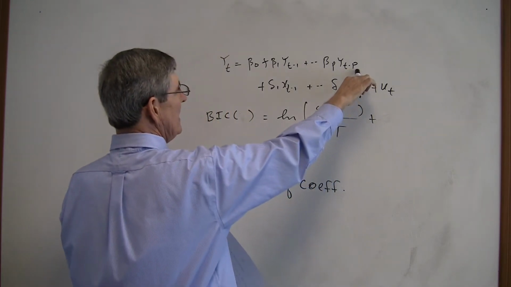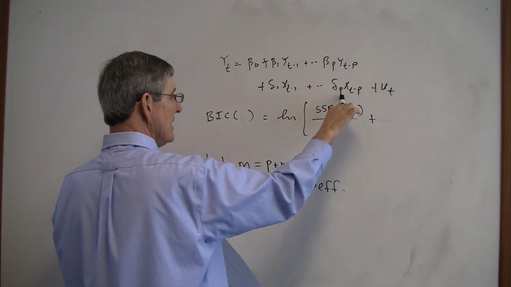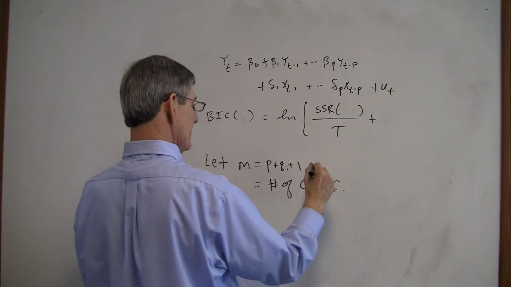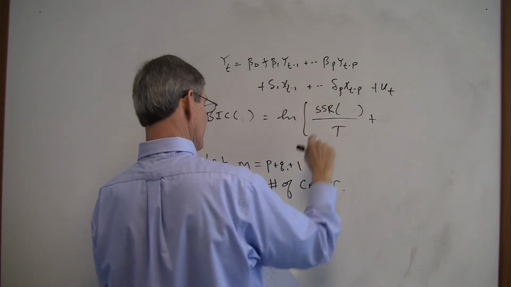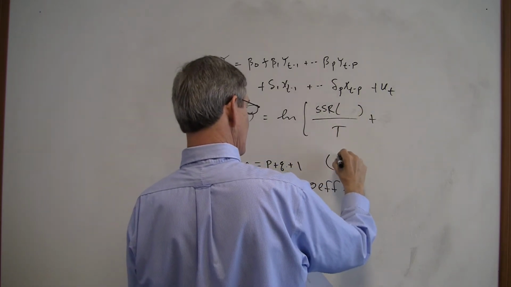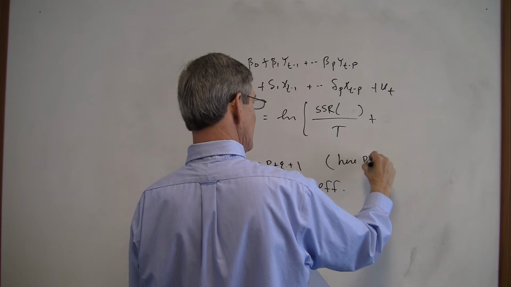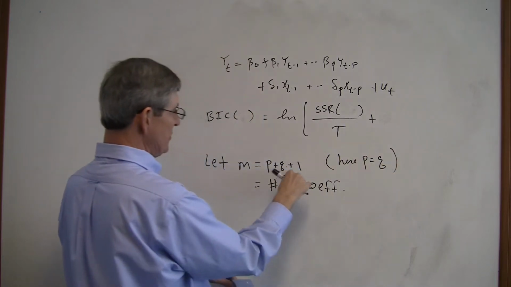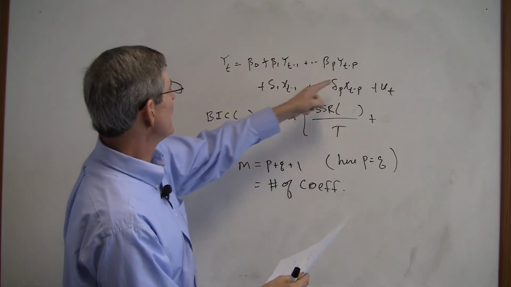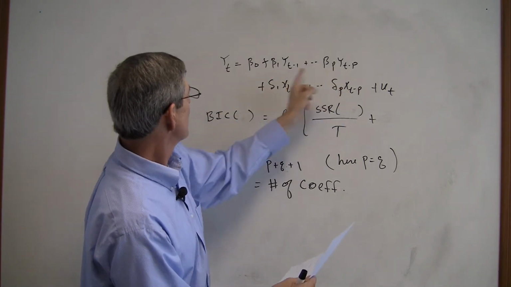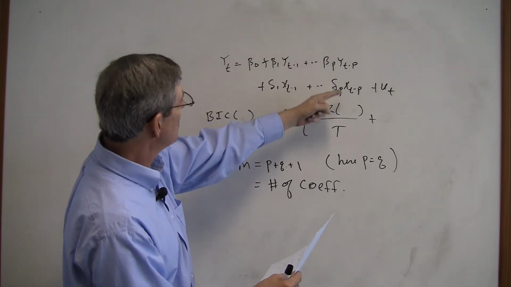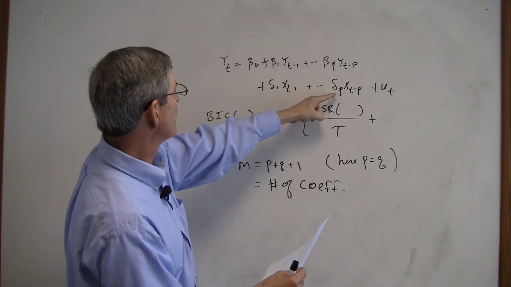So there's p, k here, q1. There's q variables here. Here, p equals q. So this would be 2p plus 1. So the number of coefficients is there's p plus 1 betas, and there's p or q x's.